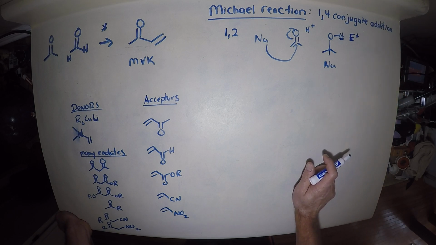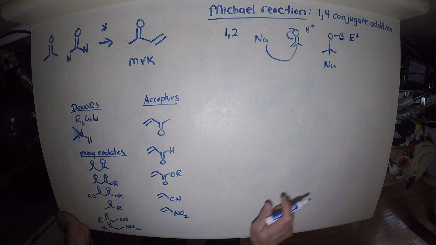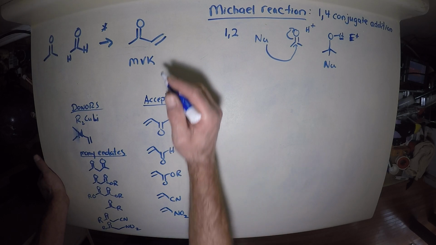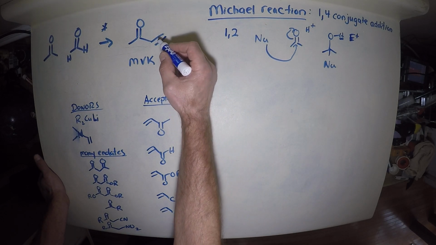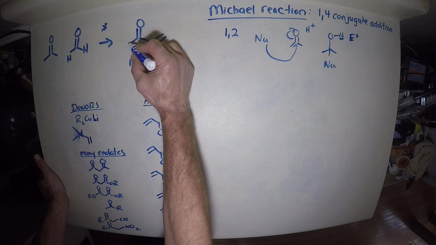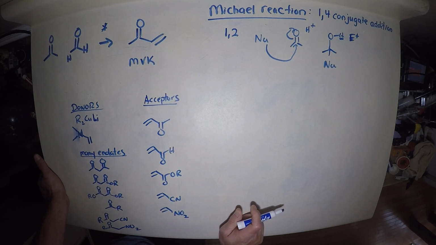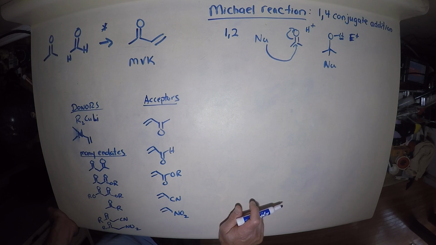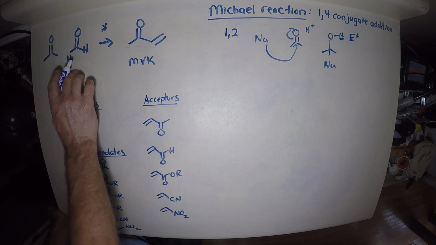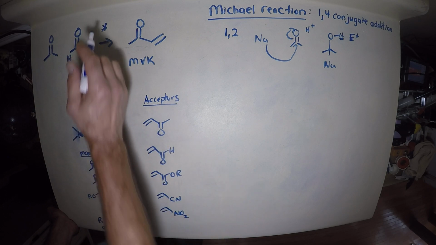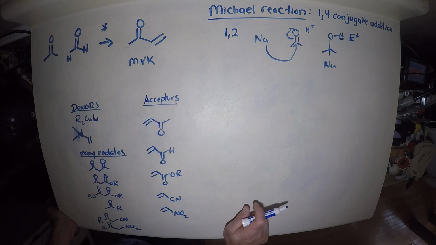In a 1,4 addition, we have a substrate, also called a Michael acceptor, such as methyl vinyl ketone. Methyl vinyl ketone can be made by condensing acetone and acetaldehyde with appropriate catalysis.